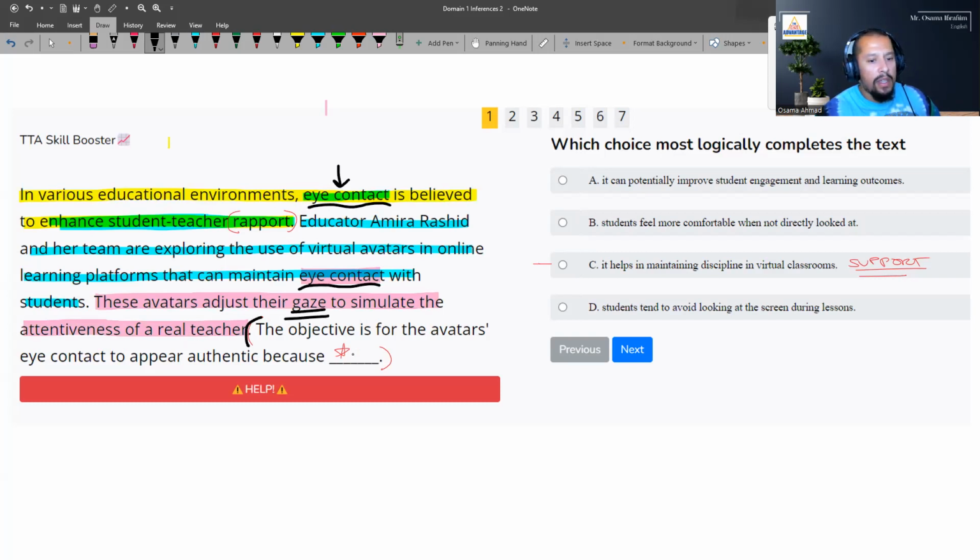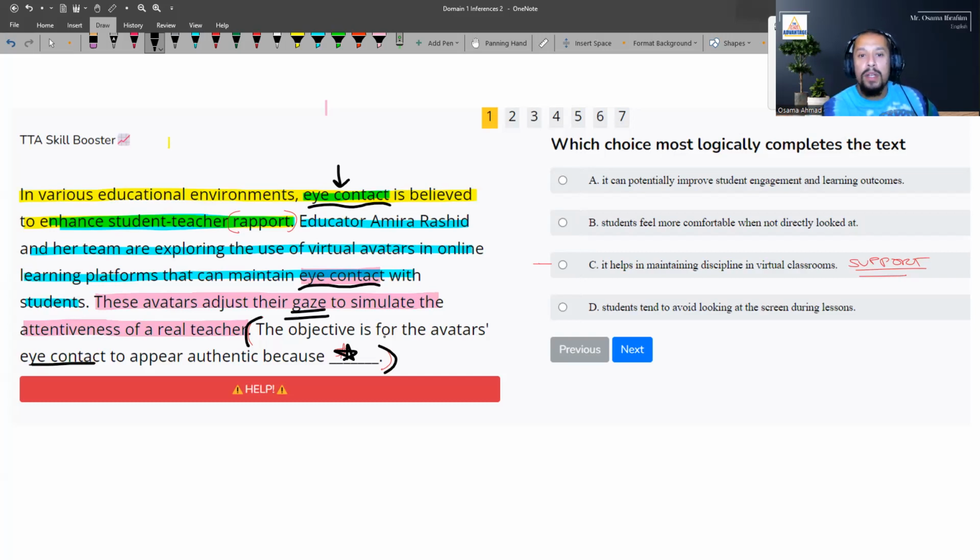So let's read the last sentence. The objective is for the avatar's eye contact to appear authentic because... So what do you think the effect of eye contact has on a student? Look at sentence number one.